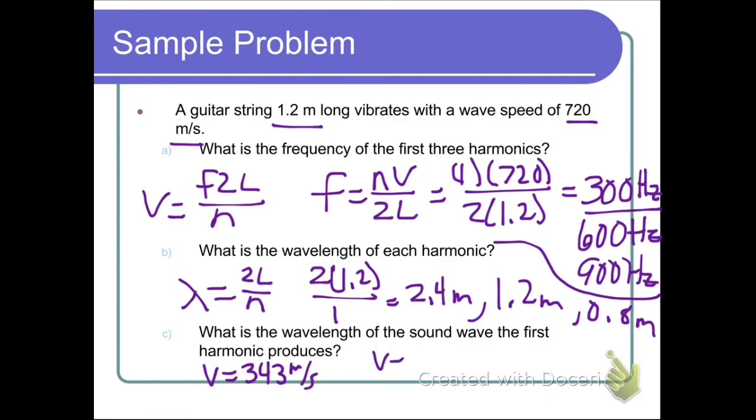So V is equal to frequency times the wavelength, and the wavelength would then be the velocity divided by the frequency, or 343 divided by 300. That will be obviously something a little bit bigger than 1, so 343 divided by 300 gives us 1.14 meters of a wavelength.